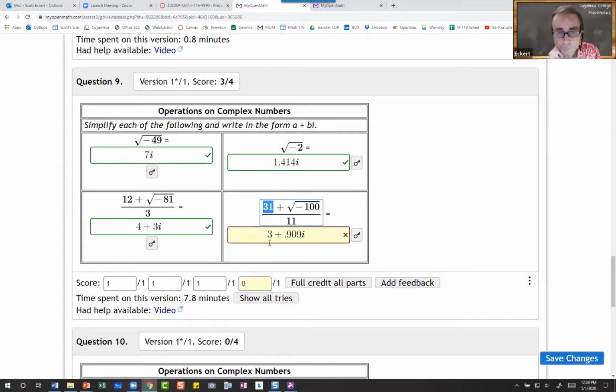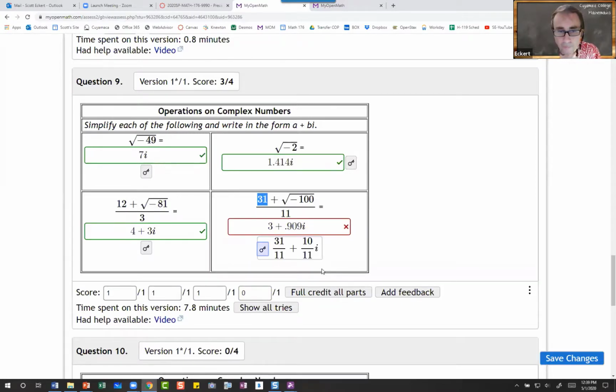So that's probably the math error, but this one also probably needs to stay exact as a fraction. Well, no, here you got 3 decimals. It accepted 3 decimals. So it's probably just that 31 over 11 and you put 3. I think that's the only error. So yeah, you'd have to leave it as 31 over 11 and 10 over 11.